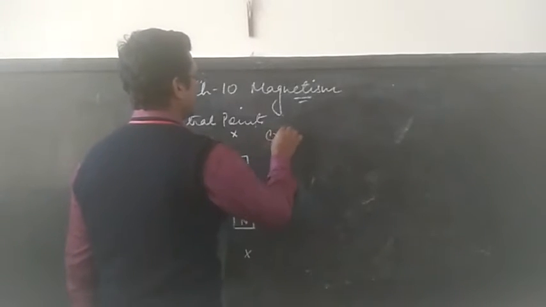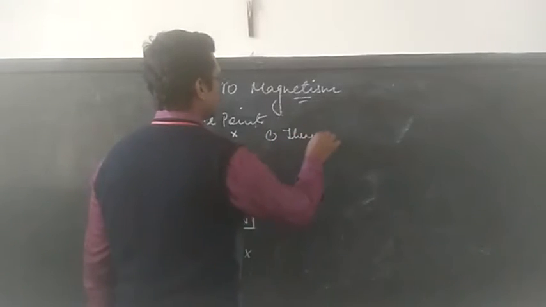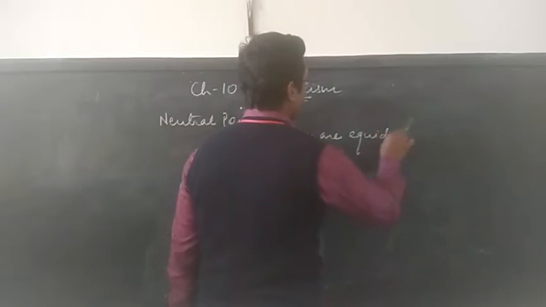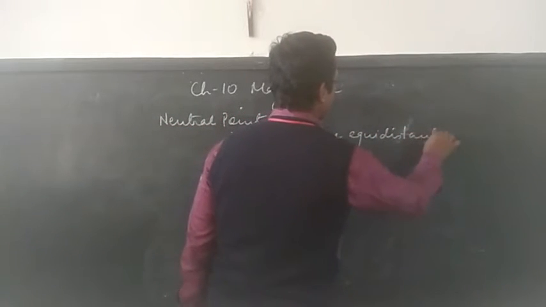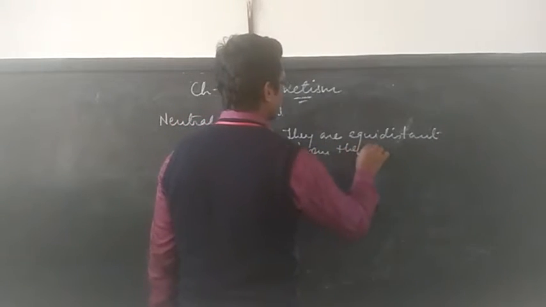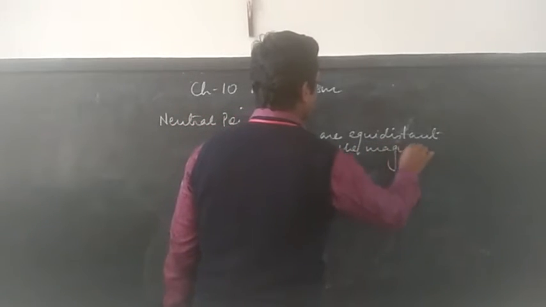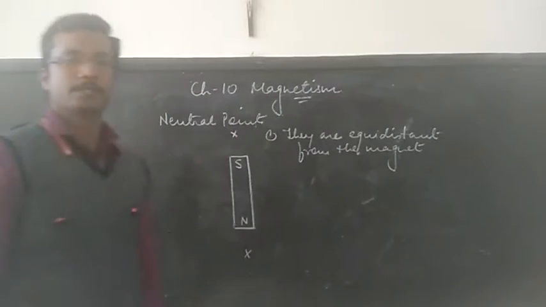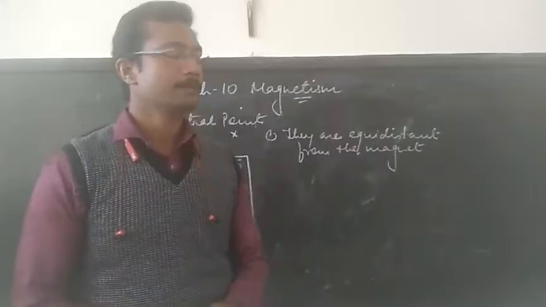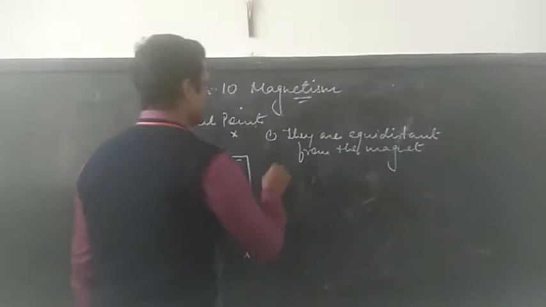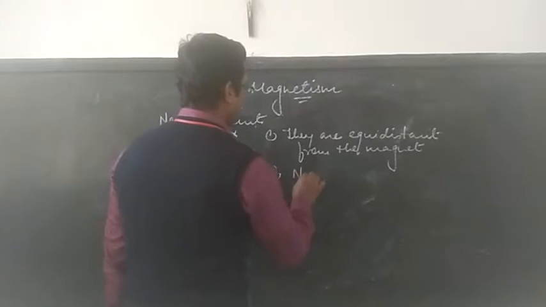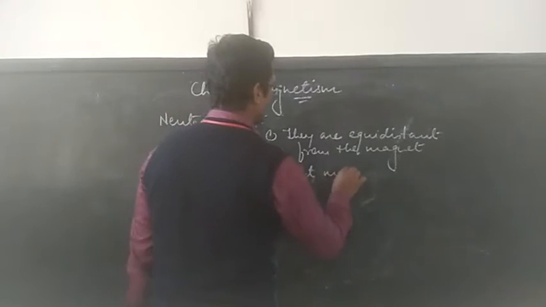First is that they are equidistant from the magnet. Equidistant means they are at equal distance from the magnet. Second is the net magnetic field.